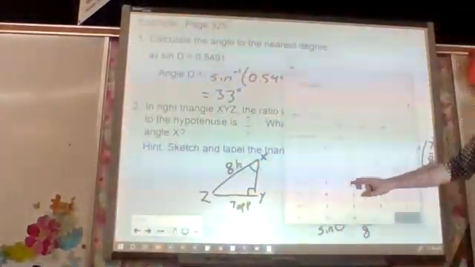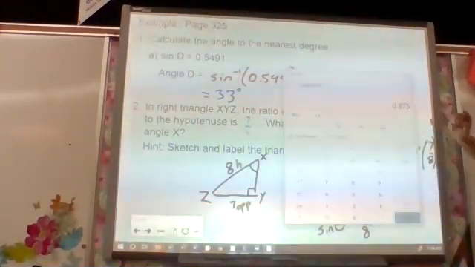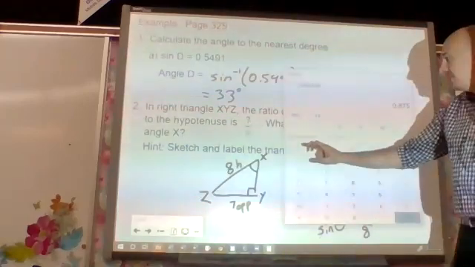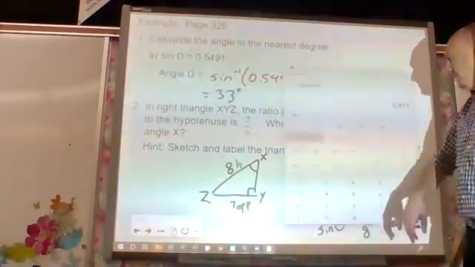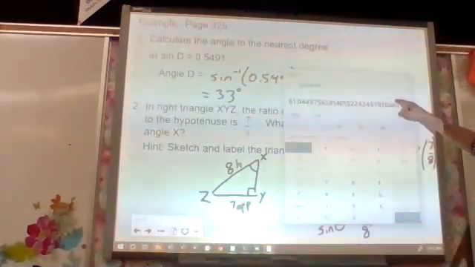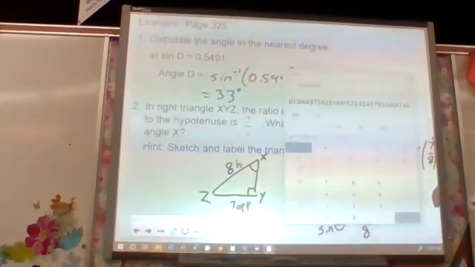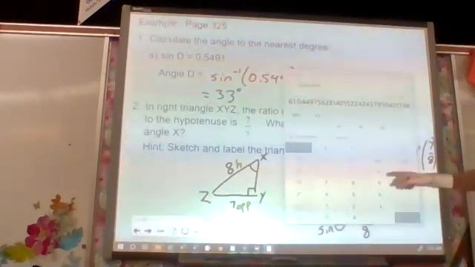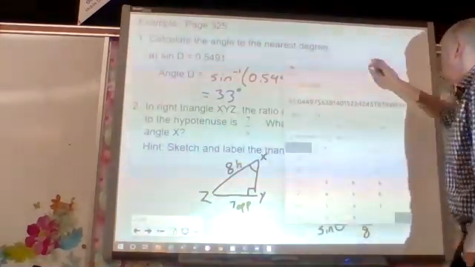Here I'm going to do 7 divided by 8 equals, to get this number showing on my screen, then trig, second, sine inverse. So it did sine inverse of 0.875, and the answer is 61.0 degrees.